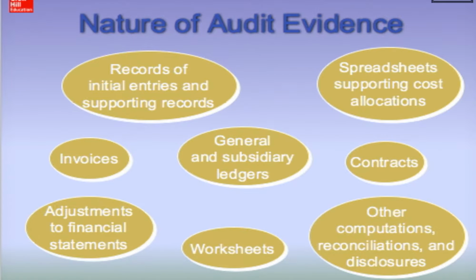You may never be asked anywhere really to cite all of these, but you should have at least a vague idea of some of these that you could call up from memory for various components of the CPA exam. So these are just examples of the nature of audit evidence, some of the things that will be looked at in gathering audit evidence.